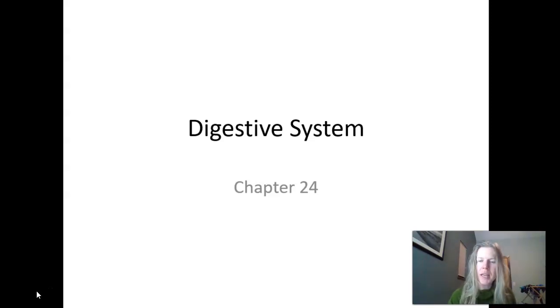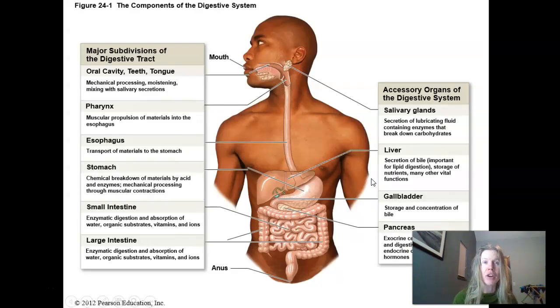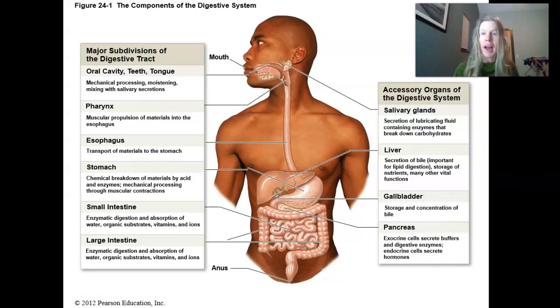Okay, so let's take a peek at a little bit of anatomy here. You may notice that we are going to really split the organs of the digestive tract and accessory organs. So when we talk about the digestive system, or maybe the GI tract, the gastrointestinal tract, we're really referring to the tube that goes from your mouth all the way down, squiggles around for a while, and eventually comes out the anus.